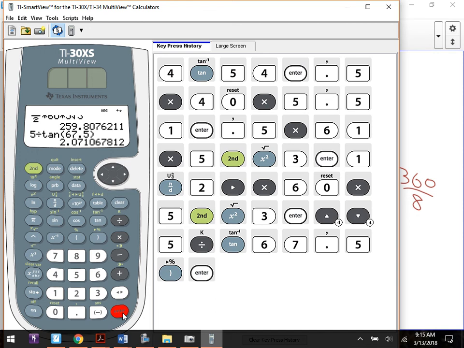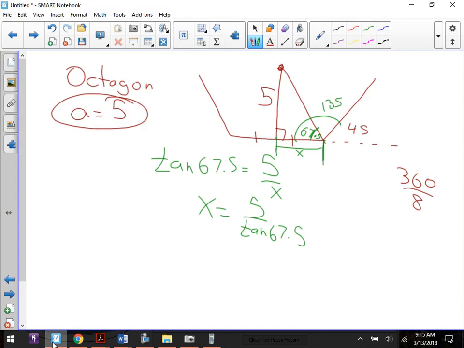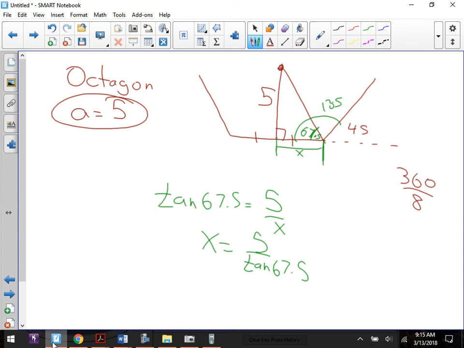We okay with that? So that means that this portion here is 2.07, which means this portion is 2.07, which means the whole thing is 4.14. Now that's the side length then, 4.14.